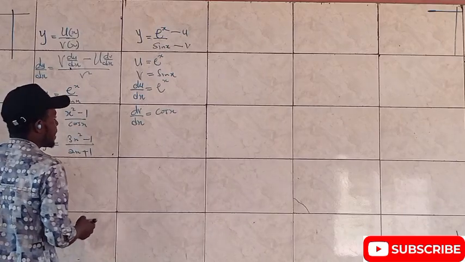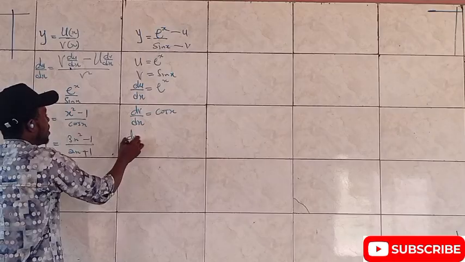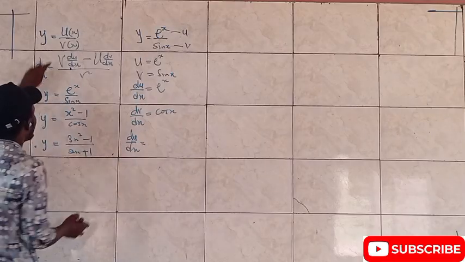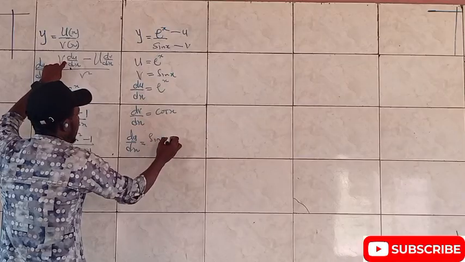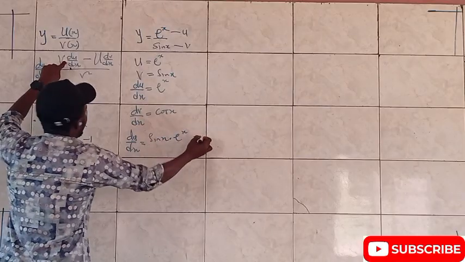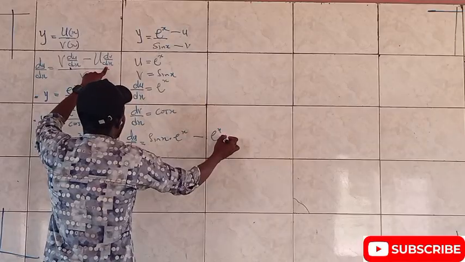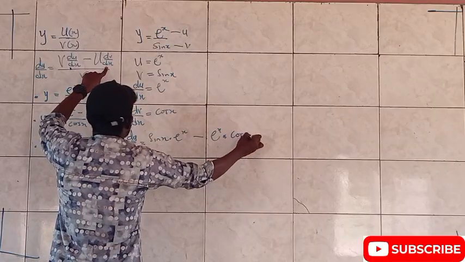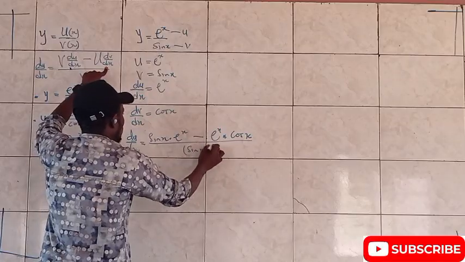If that is the case, my dy/dx is now equal to v du/dx, sine x times e raised to x, minus u dv/dx, e raised to x times cos x, all over v squared, that is sine x all squared.